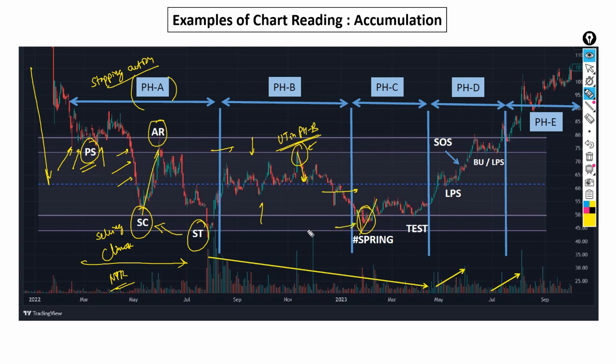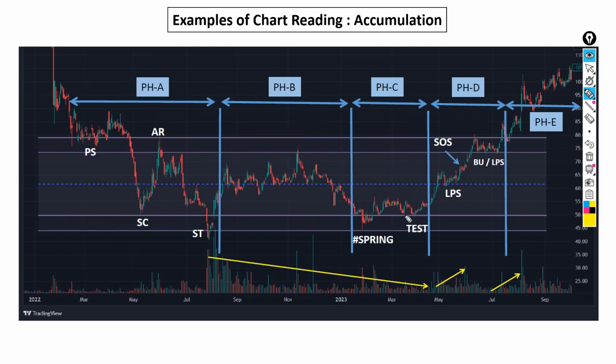This creates a shakeout type mechanism, and also it creates fear within the weak hands, and the stop losses are also hit within this mechanism, and again we enter into a test of this spring, a higher low test.